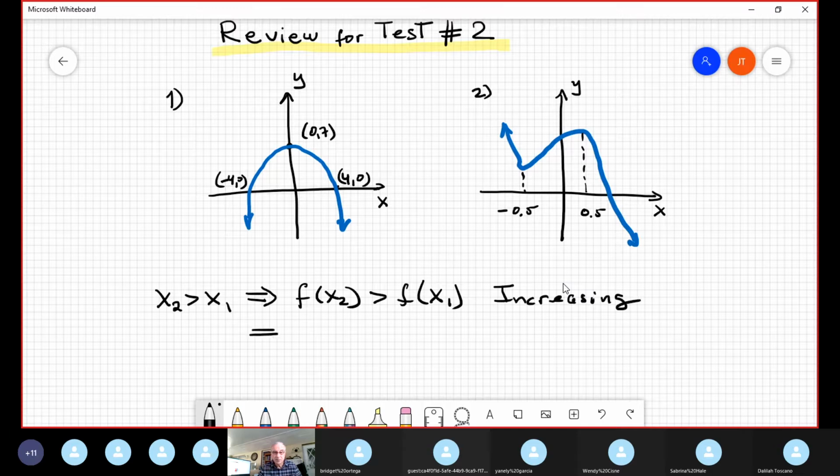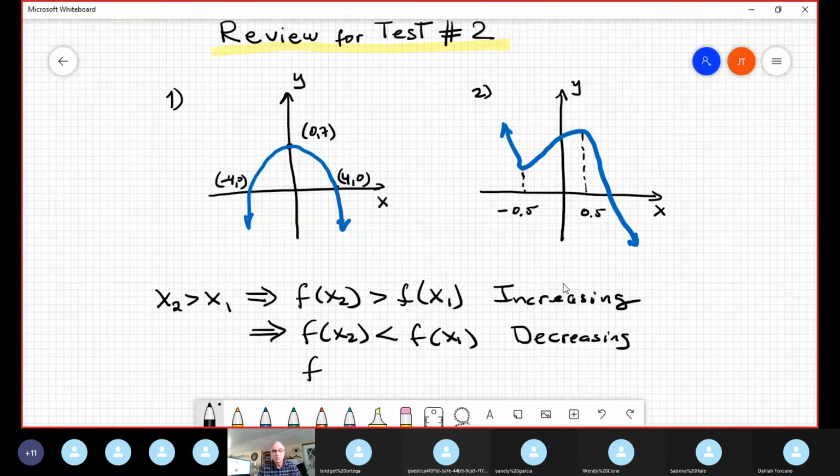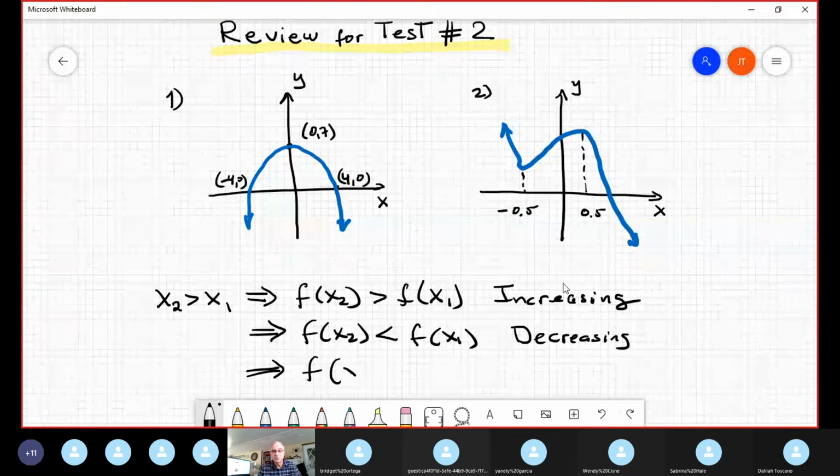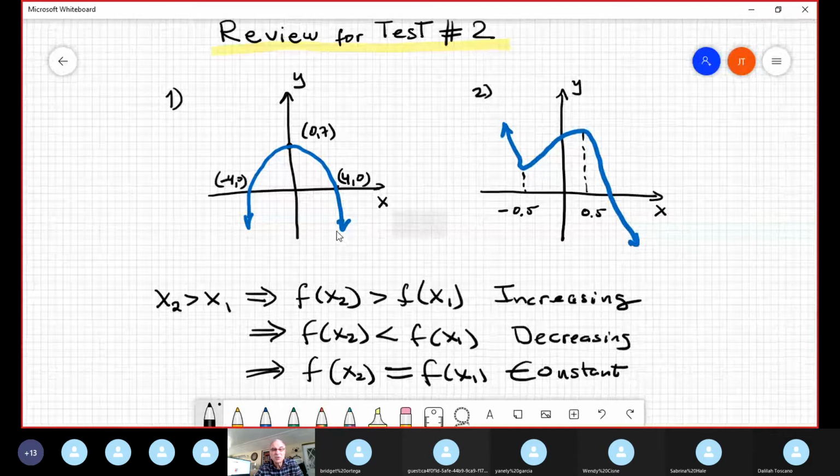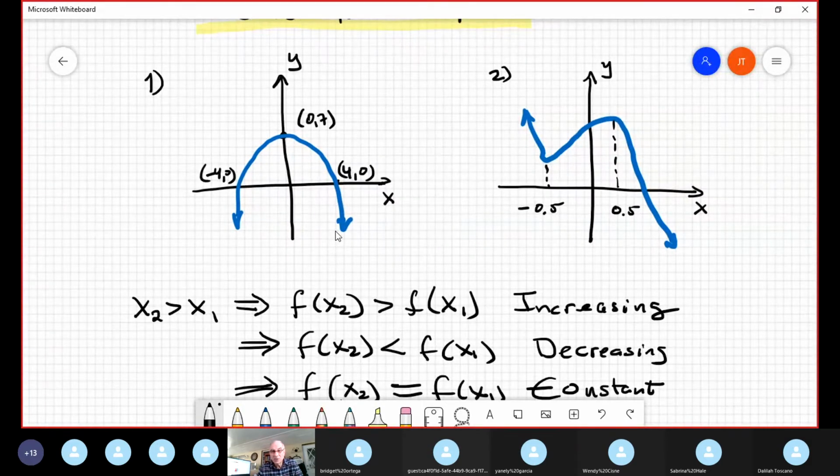Otherwise, when f(x2) is less than f(x1), it's decreasing. And when it's equal, it's constant, in a specific interval.